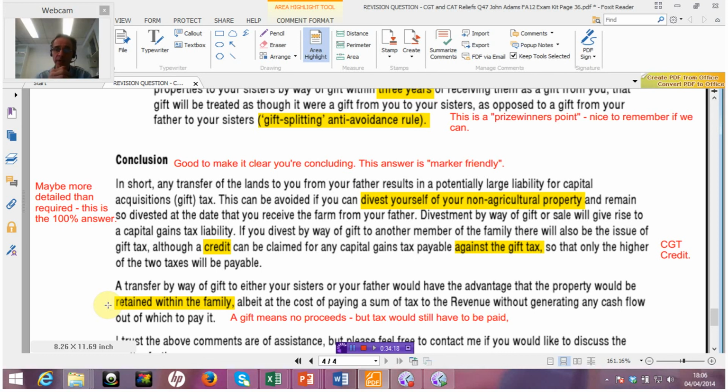They may want the investment properties at a later date, perhaps for one of the sisters who's a student or whatever. And I think the other point is that obviously bear in mind, when we're gifting something, we're not receiving proceeds. So we have a situation where if we do have a tax bill, in this case a CGT tax bill, that has to be paid. Do they have the cash to pay that? It could be fairly sizable.